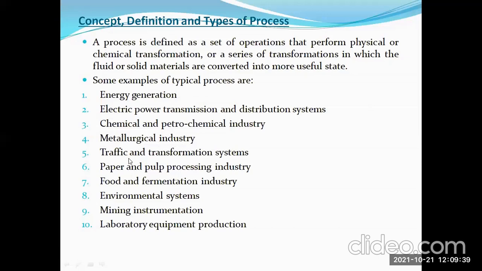Number five, that is traffic control systems or transportation systems. All of you know these traffic control systems. In a metro city, we see the traffic lighting system, that is a traffic control system. It is automatic, it is working.